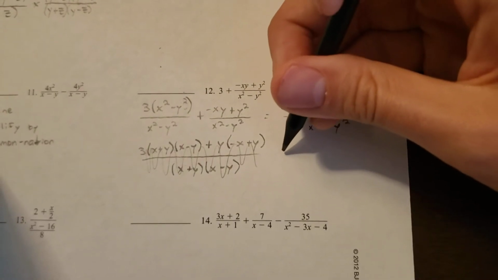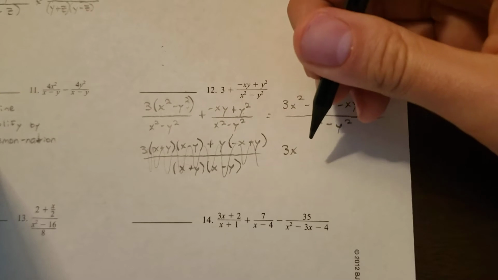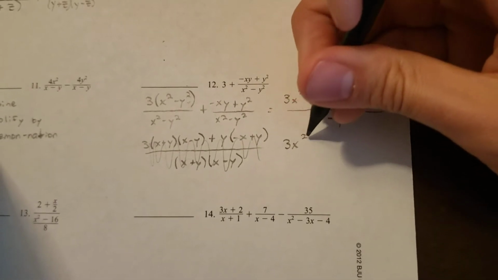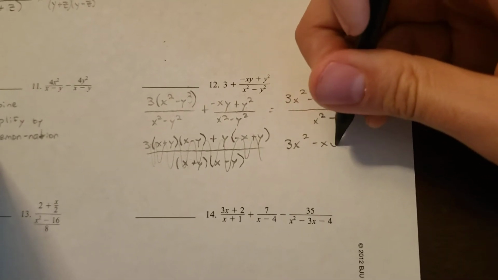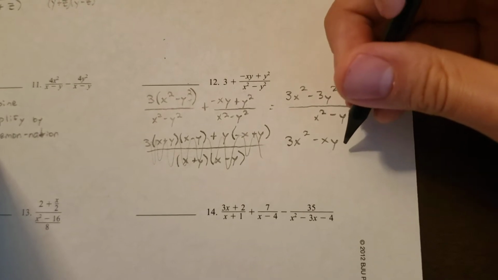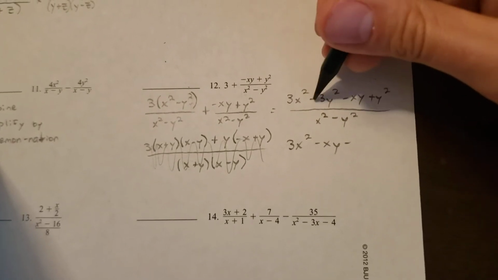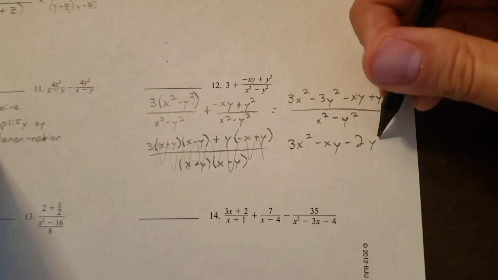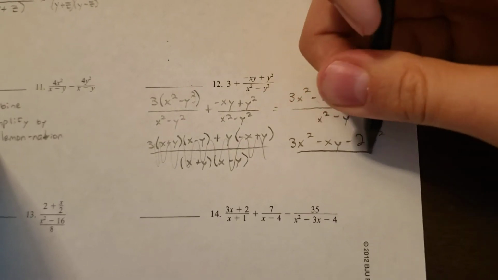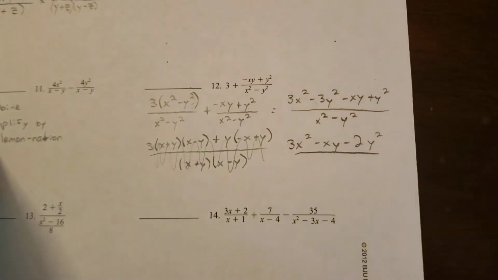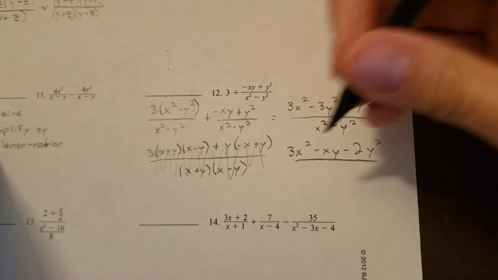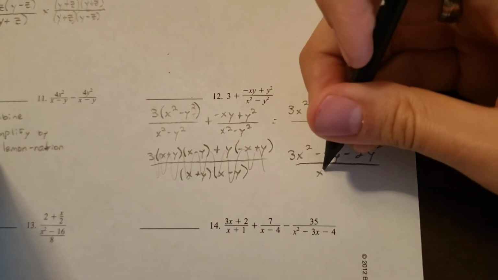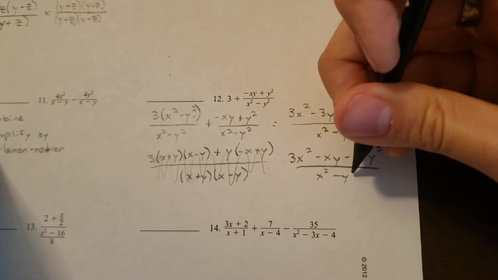So that's going to give me 3x squared minus xy, minus, so negative 3y squared plus y squared is minus 2y squared, over x squared minus y squared.